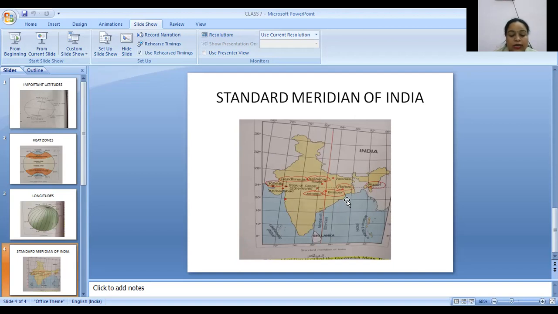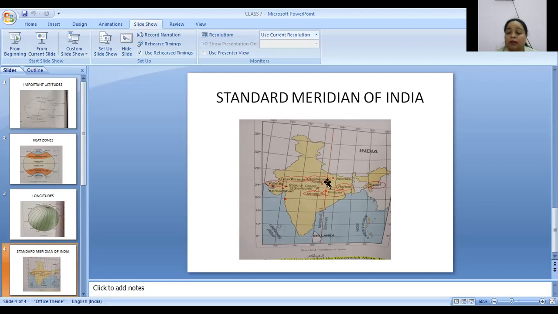Thus, the local time or the standard time of India is 82.5 degree east, that is 82 degree 30 minutes east, running across Allahabad. Can you see Allahabad? Okay, this is Allahabad. I have already marked it over there.